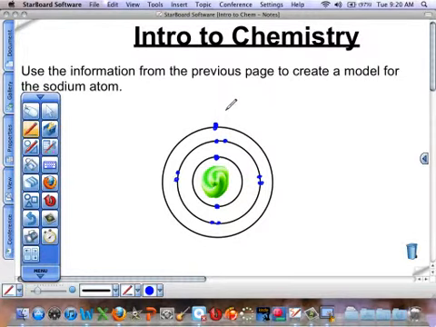Now we talk atomic theory. Based on this model, remember electrons want to have full outer shells. It makes them happy to be fulfilled, correct? All right. And major theme. Remember that sheet I gave you guys? It had all of the major themes of the course.